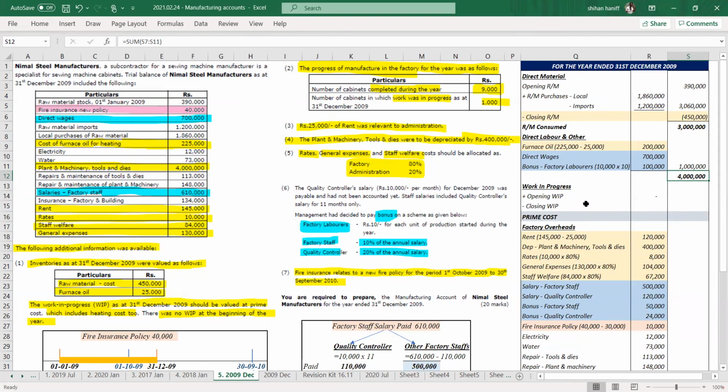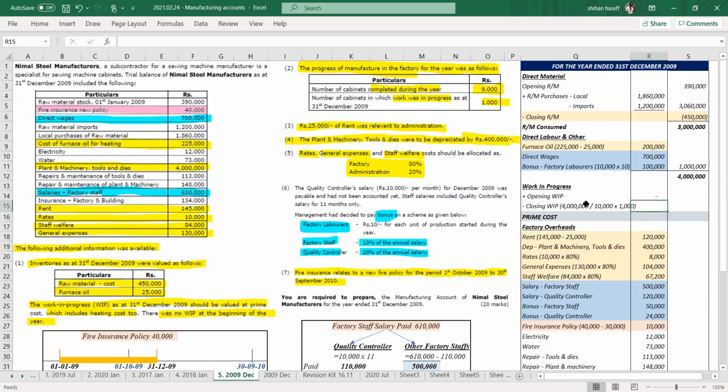So the closing work in progress, we need to calculate 4 million divided by 10,000 and multiply by 1,000. 4 million divided by 10,000 is 400 rupees. So for each cabinet, they have spent 400 rupees prime cost. Then you have to multiply that by 1,000.